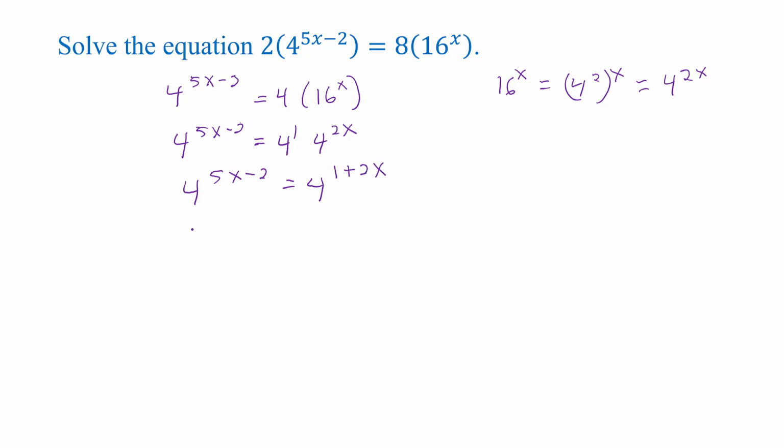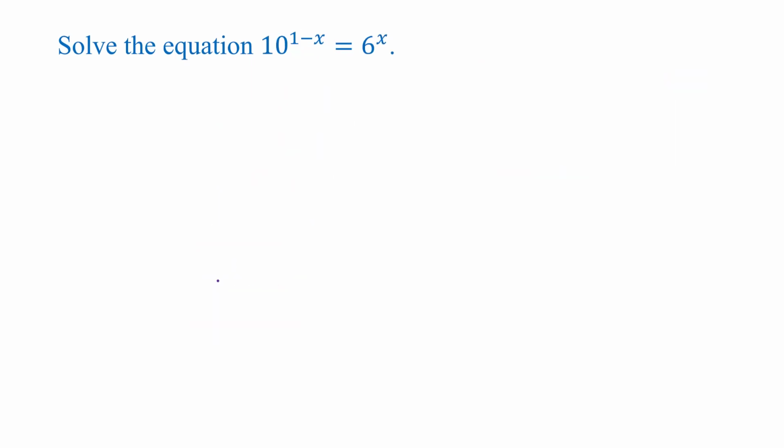Okay, and now you see we have our equation in the form b to the m equals a to the n, and in this case our bases are the same. B is equal to a here, and so we can simply write 5x minus 2 equals 1 plus 2x. I will proceed by subtracting 2x from each side and adding 2 to get 3x equals 3, then divide through by 3 to end up with a solution of x equals 1.